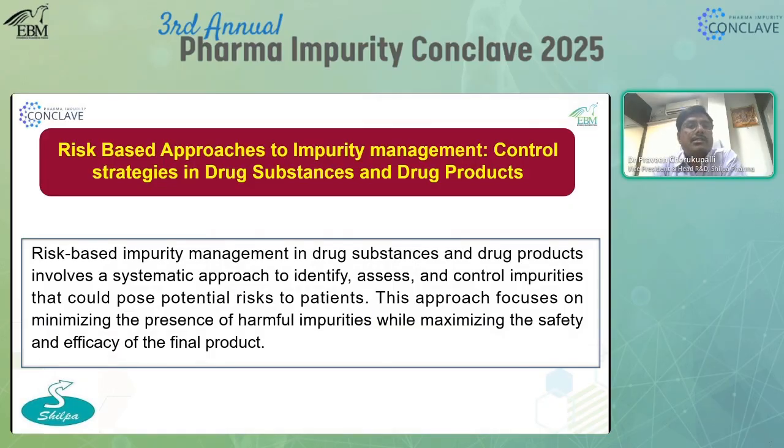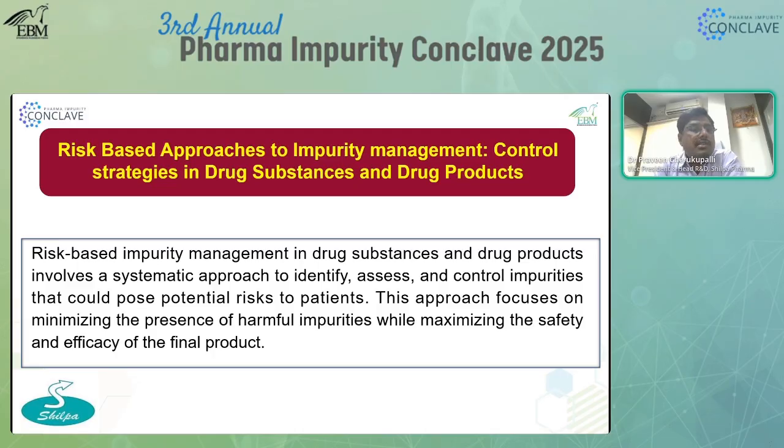I will discuss risk-based approaches to impurity management and control strategies in drug substances and drug products. Risk-based impurity management in drug substances and drug products involves a systematic approach to identify, assess, and control impurities that could pose potential risk to patients.